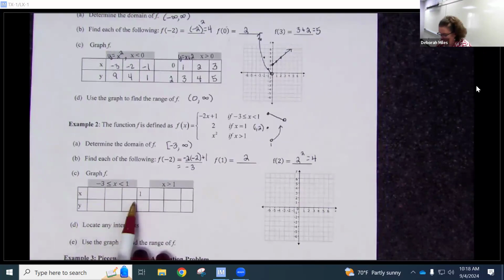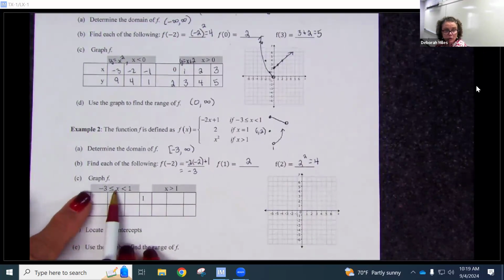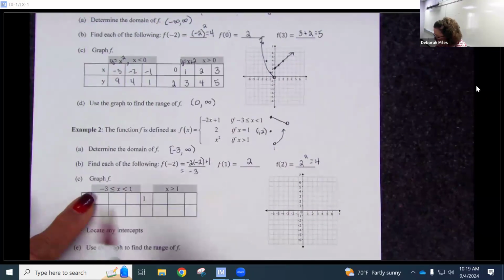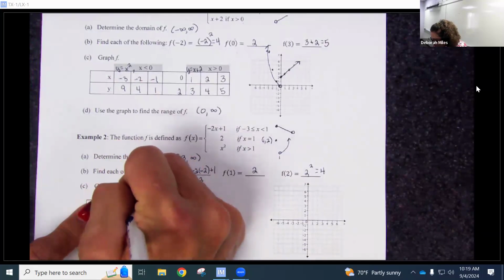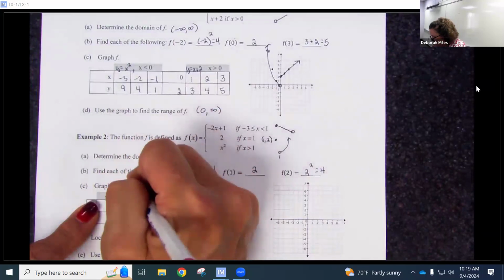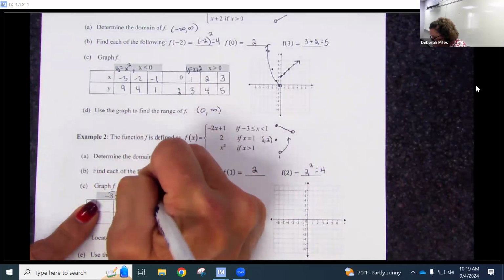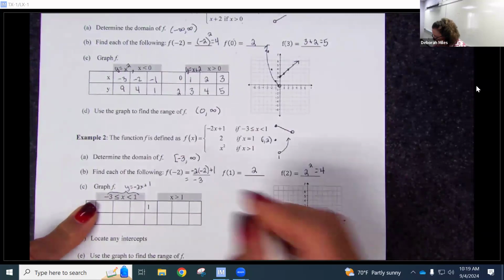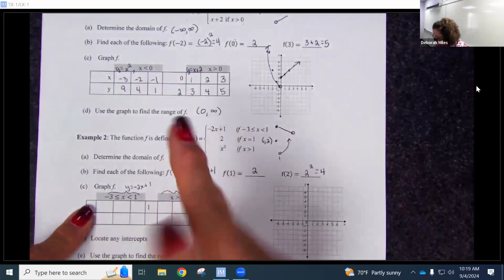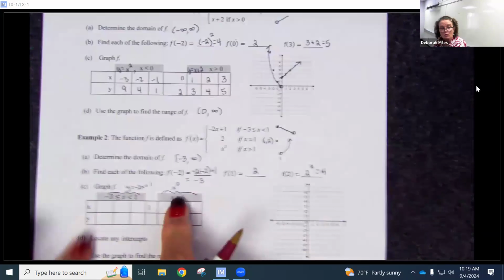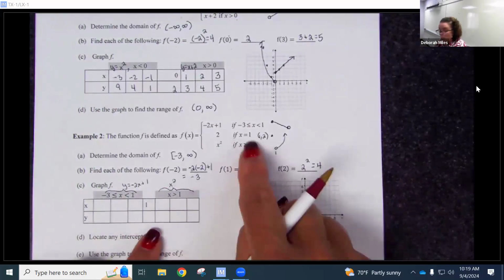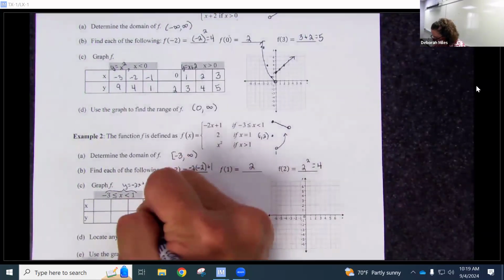All right, I want to graph the function for all the x's between negative 3 and 1, including the negative 3. That portion of the graph is y equals negative 2x plus 1. And then for all the x's greater than 1, that's this piece of the graph where the y's are the square of the x's. And of course, the middle part is when x is 1, y is 2.